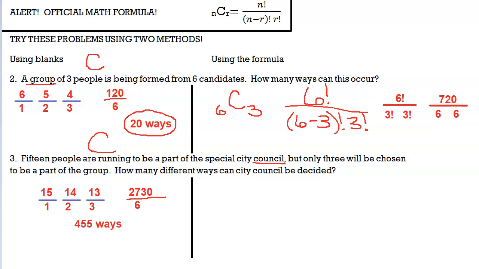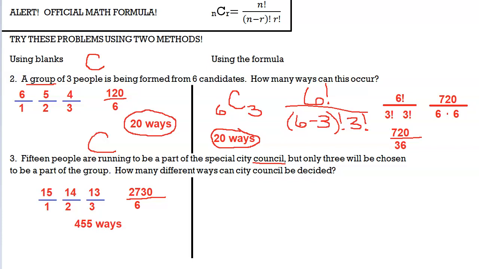So when you multiply those together, you would end up getting 720 over 36. And I don't think it will surprise you very much to know that 720 divided by 36 is 20 ways. Okay. So you get the exact same answer no matter what you do.